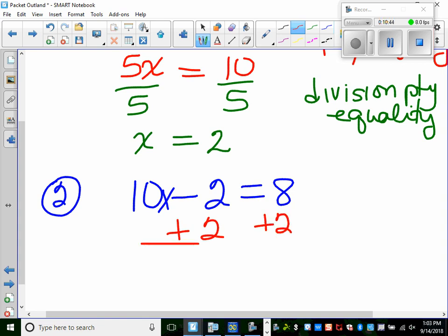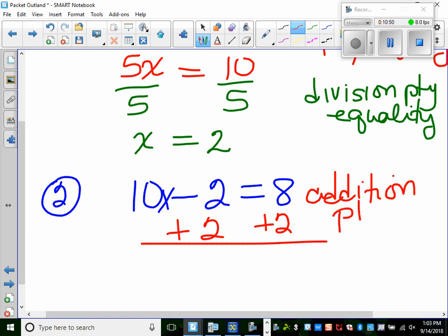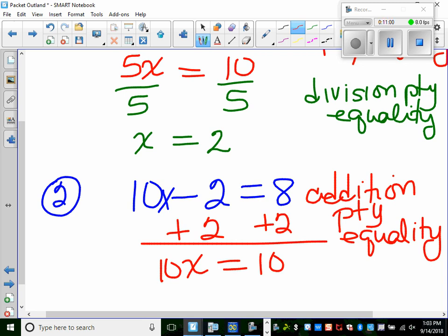So what do you think this is going to be called? Addition property of equality. Okay. And again, of course, I would then use the division property since I'm dividing both sides.